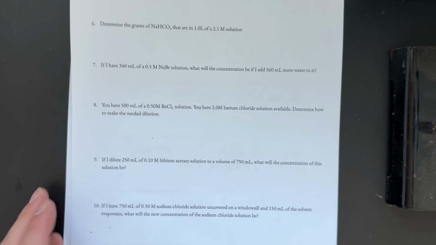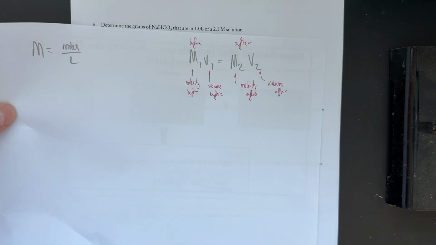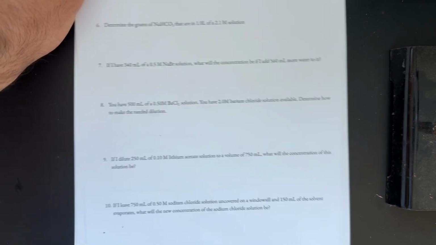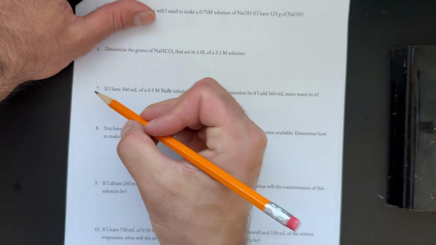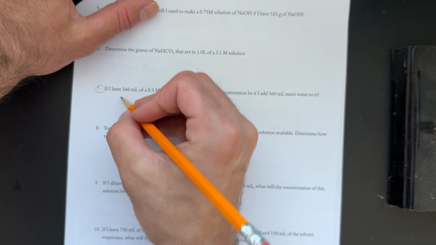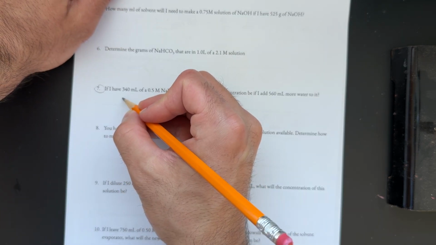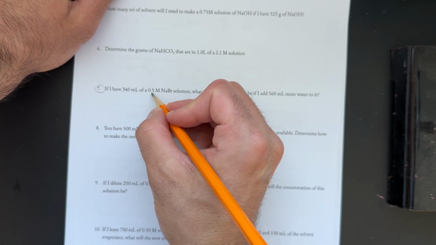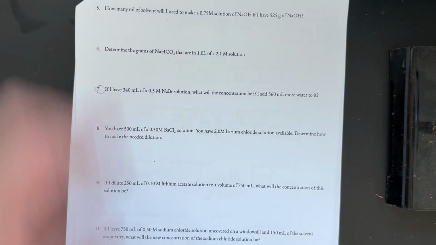Continuing on, at some point we got to dilutions, right? And as we mentioned, the formula for dilutions is simply this: M1V1 is equal to M2V2. So let's say number 7. This is kind of like what we have at the beginning: 340 milliliters of 0.5 molarity NaBr.